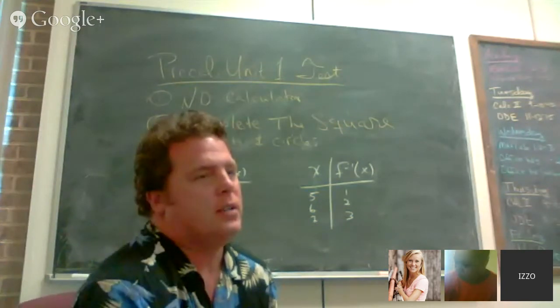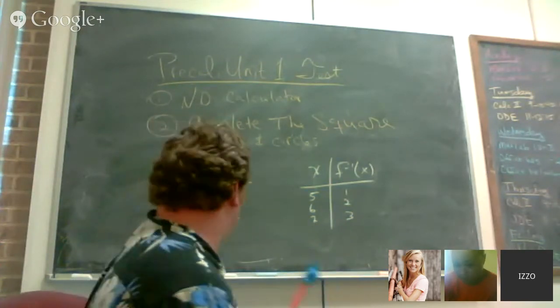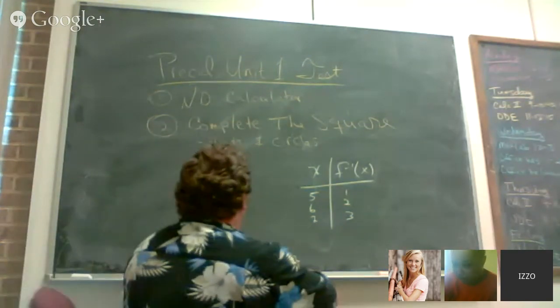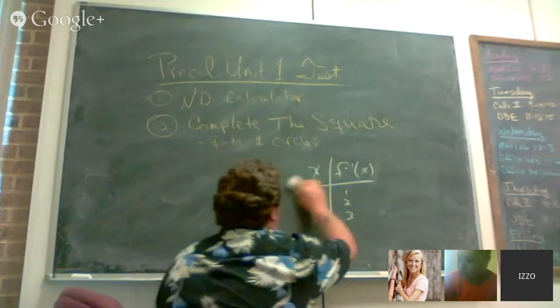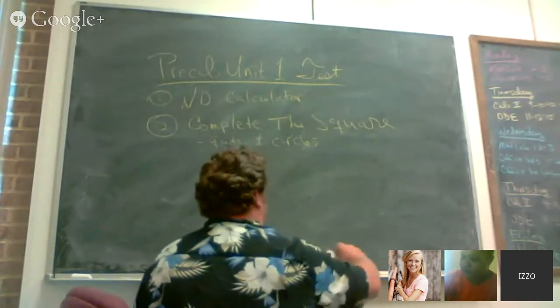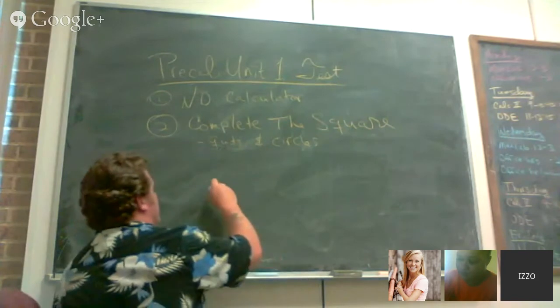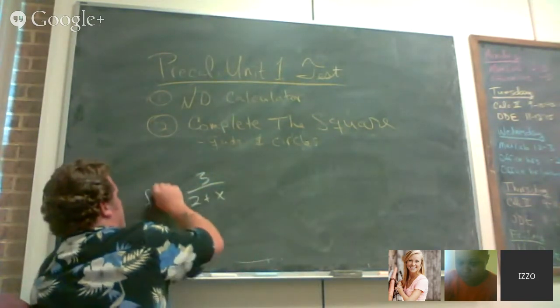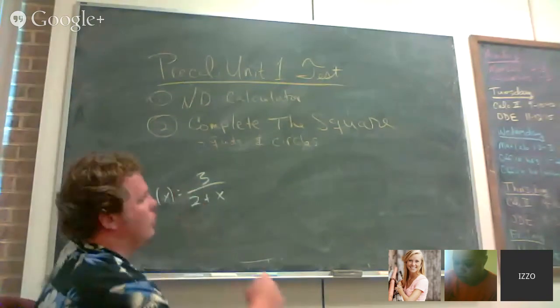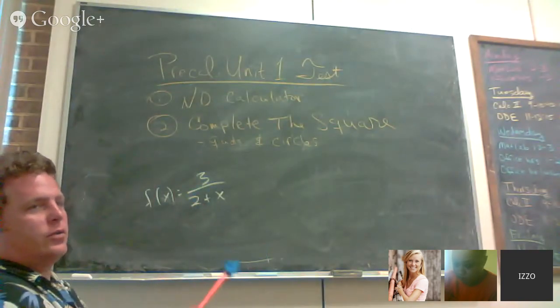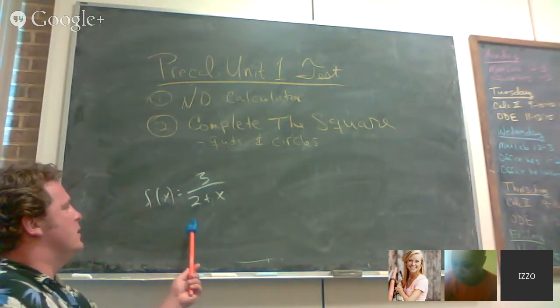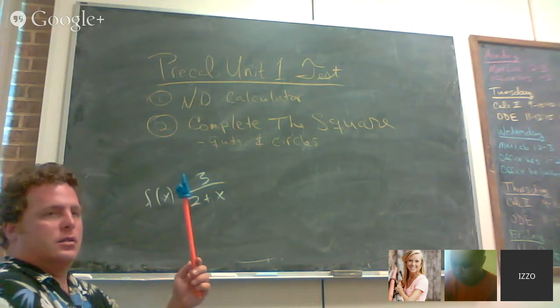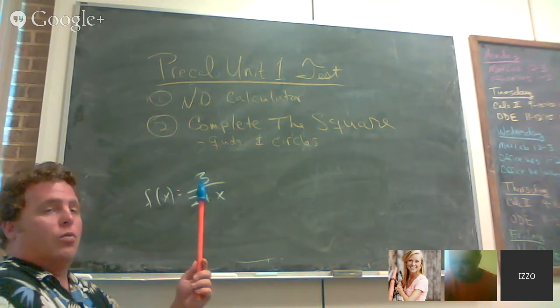And so now that was a simple function, but let's say we had a function like 3 over 2 plus x. What's the domain of this function? That's where I get confused.